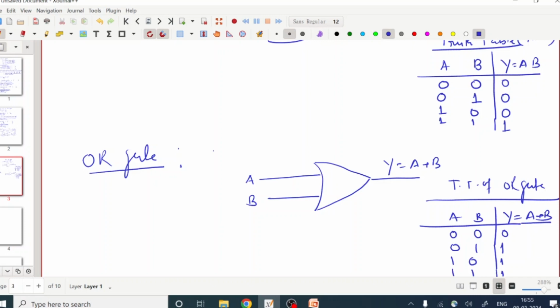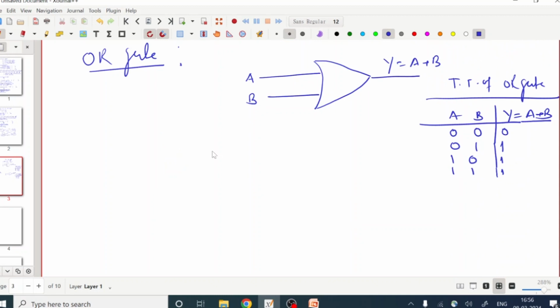Similarly, if the OR gate has 7, 8 or 10 inputs, if one of the inputs is high, then the output is high. When all the inputs are low, then only the output is low.